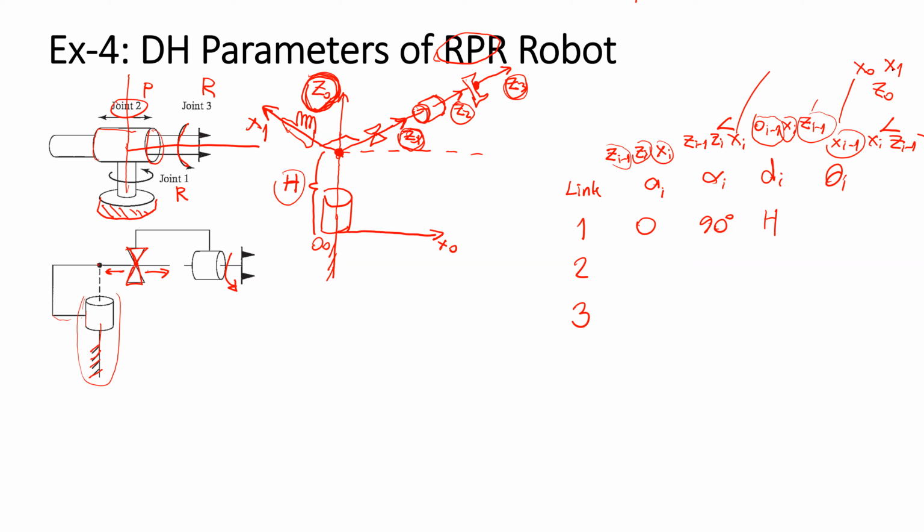You can see that here, if this rotates by theta 1 about the Z0 axis on the horizontal plane, we look at the angle difference between X0 and X1. If you see from the top view, X0 will be in this direction.